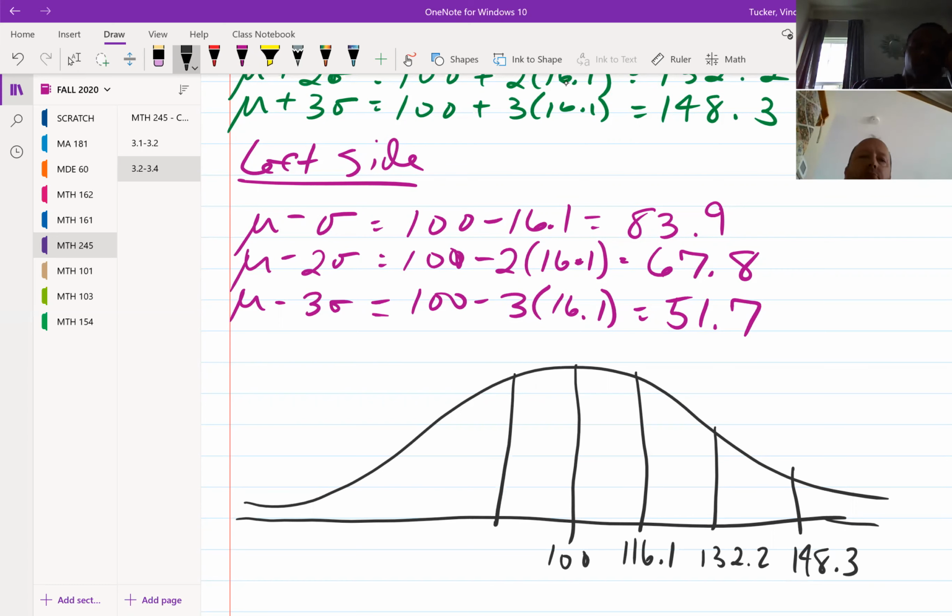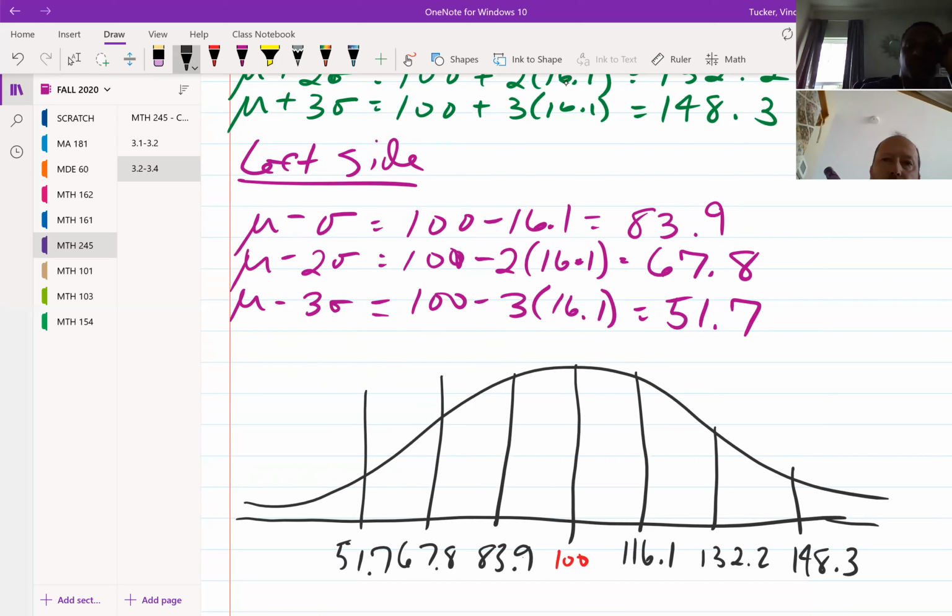To the left, I want to make this red, 83.9, 67.8, 51.7.